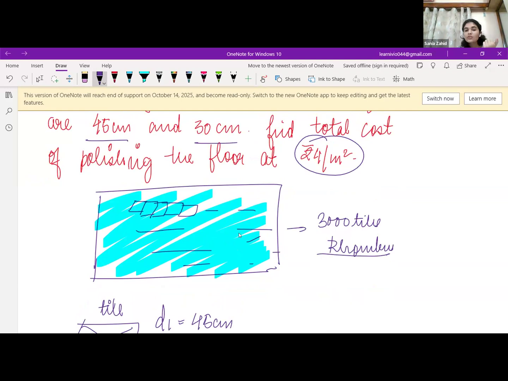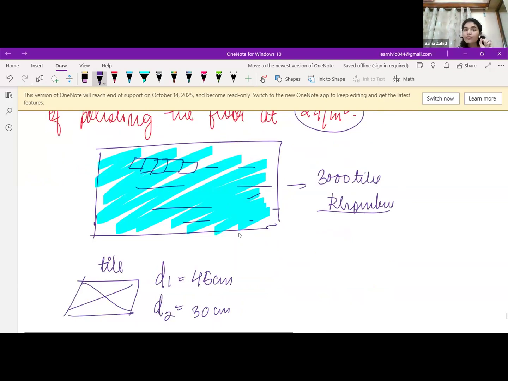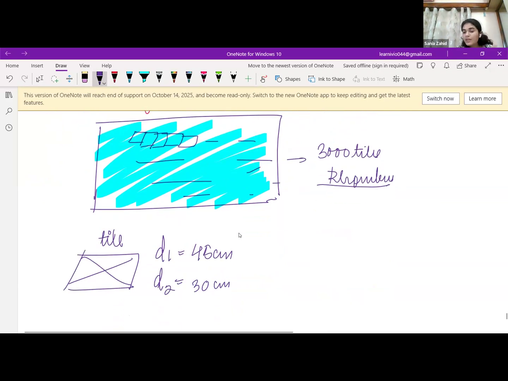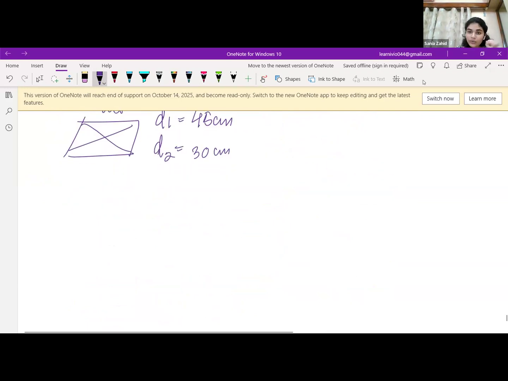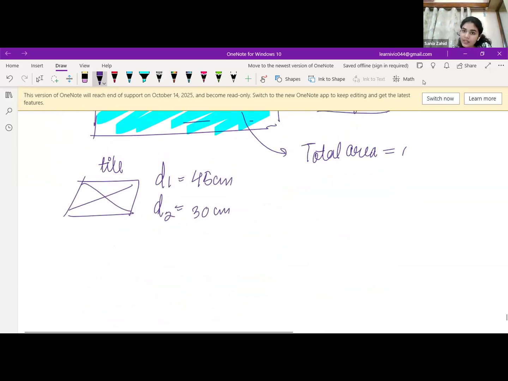4 per meter square. Now, children, what do you have to find? The cost of polishing. First of all, look very carefully. You will have to calculate the total area. Total area is equal to the area of one tile into 3,000, because there are a total of 3,000 tiles.